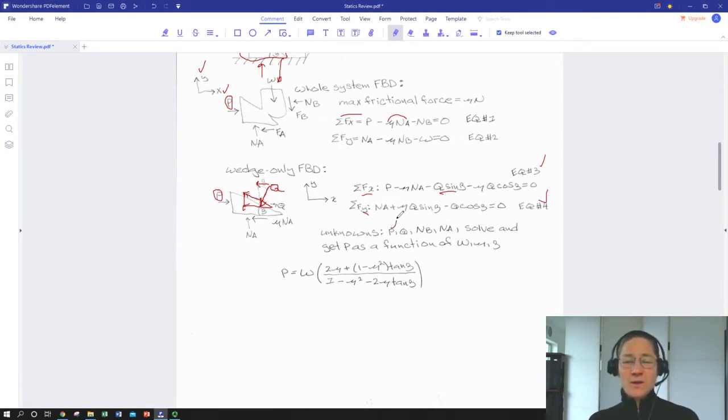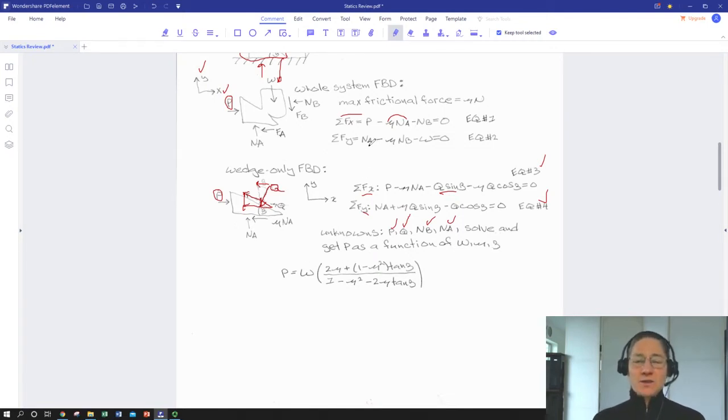So our unknowns being P that we wanted to solve for, Q, the A to B normal force that we introduced via Newton's third law when we did the wedge-only FBD, and our 2 normal forces with the wall. Remember, we were given the weight, the coefficient of friction, and the angle beta.